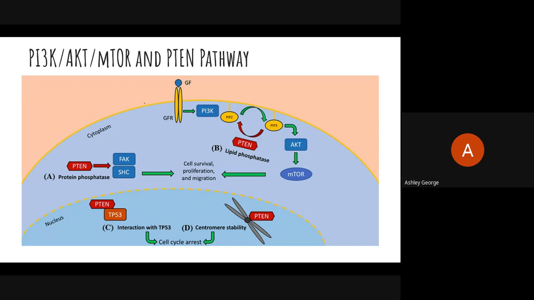Essentially, as I showed up here, it antagonizes the PI3K enzymes over here, and this PI3K is what converts the PIP2 to PIP3, and that leads to the activation of AKT, which then activates mTOR, and it then allows for cell survival, proliferation, and migration, as we see here.